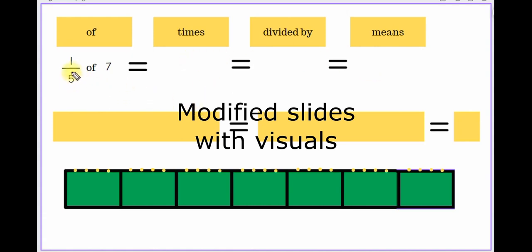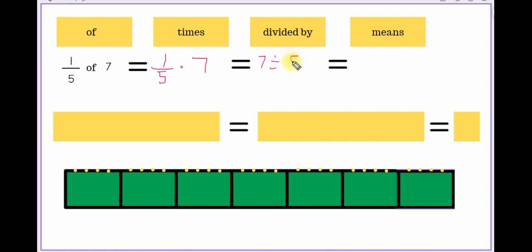Boys and girls, read it with me. 1/5 of 7 is the same as, class, 1/5 times 7, which is the same as 7 divided by 5, which means divide 7 into 5 equal parts.